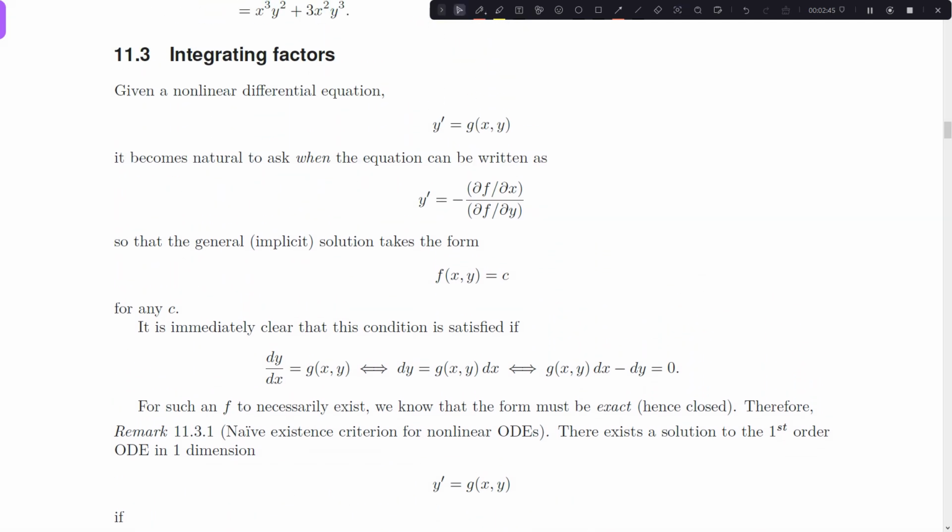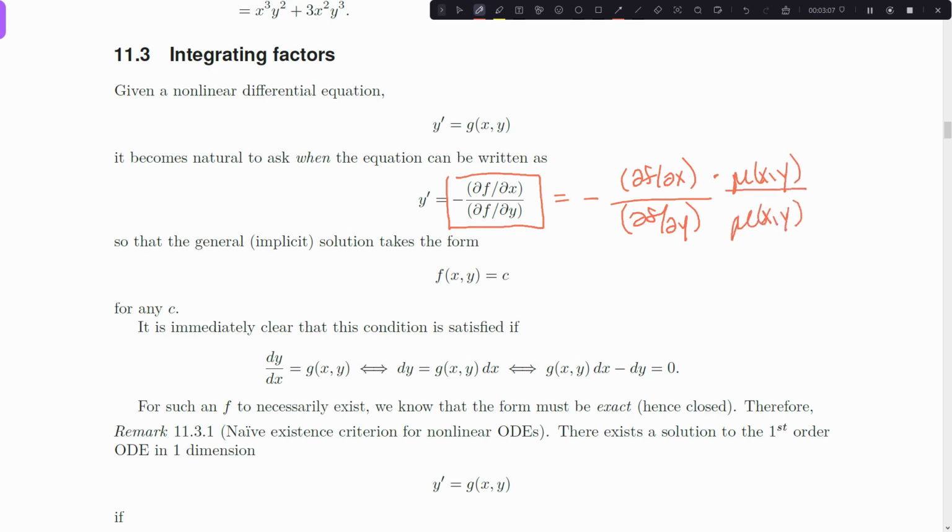I want to jump up a little bit and look here and mention that this could have been equal to partial f partial x over partial f partial y times mu of x y divided by mu of x y. In rearranging something like this into a differential, I'm going to end up with a completely different differential than rearranging my original one with g.